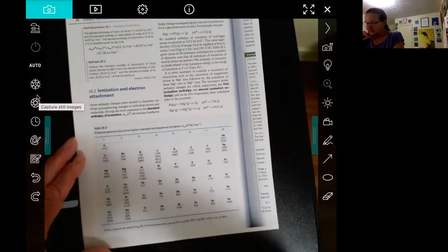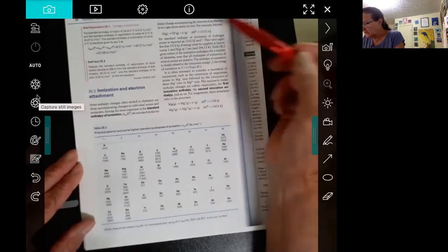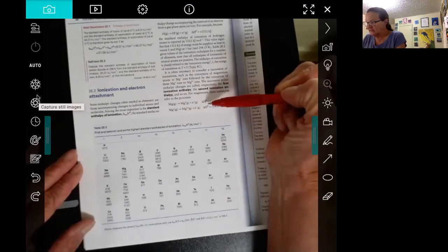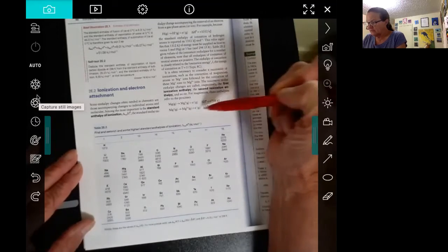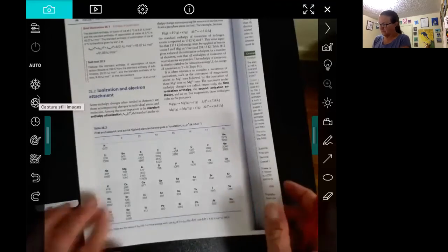We talked about this also in general chemistry, and there's nothing really new here. The standard enthalpy of ionization is the heat it would take to ionize a mole of a substance, so take off 1 electron. You can have enthalpies of ionization for the first electron, for the second electron, and here's just a table of a bunch of their values.